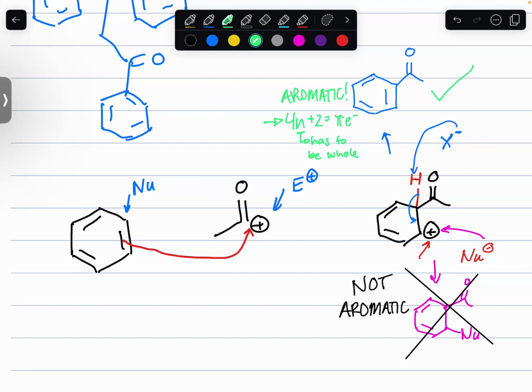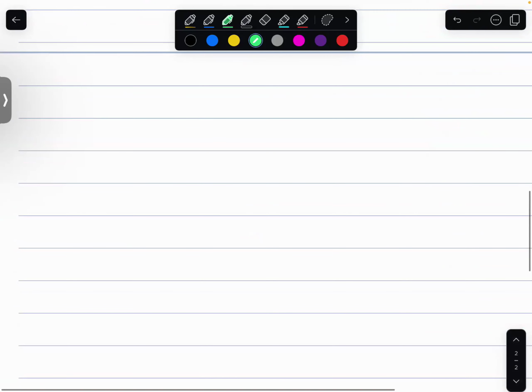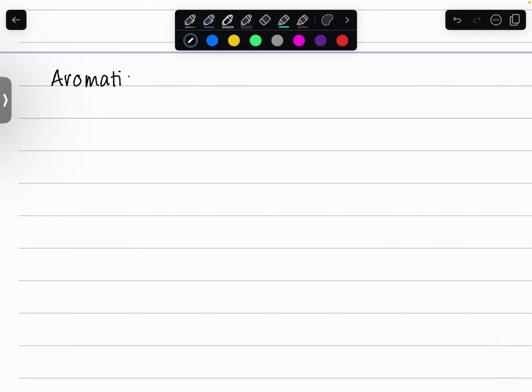Thumbs up, middle, down. Can you show us an example of calculating that? You can kind of think about aromaticity like a flow chart.